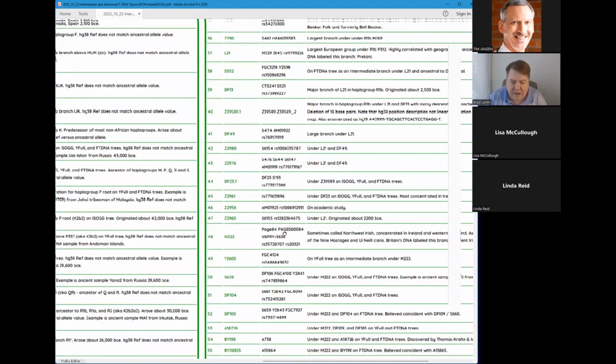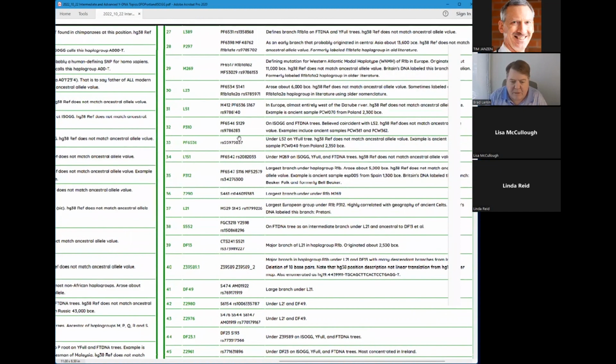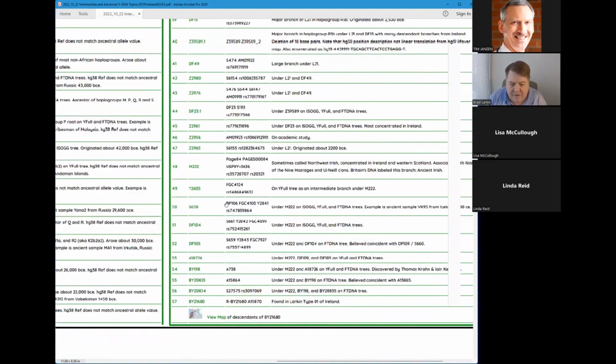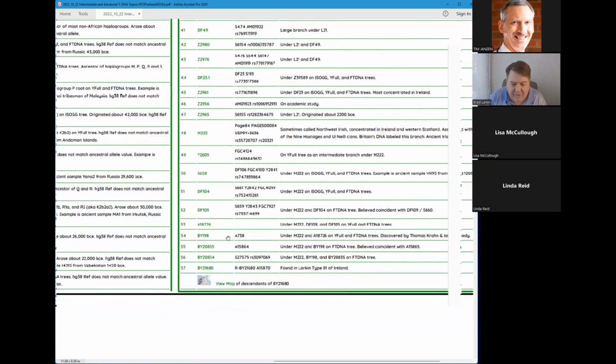So this is a key point, especially with new people or people that don't understand. They're getting kind of a false sense of information from knowing they're M269. To really say that somebody's fairly closely related, you probably need to be at chart level in the high 40s and maybe even the 50s.